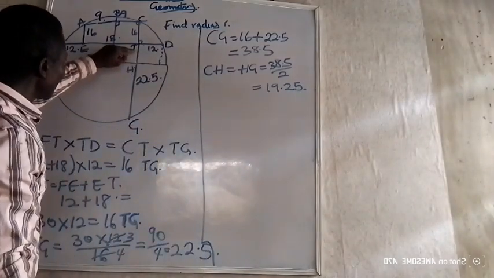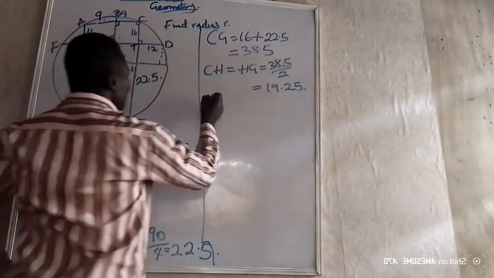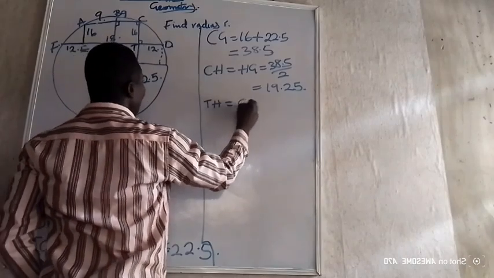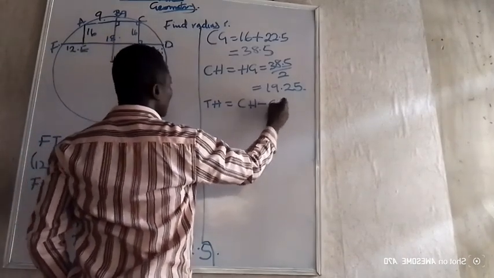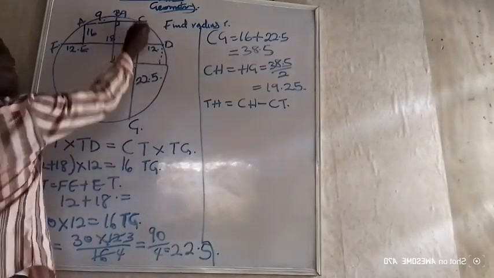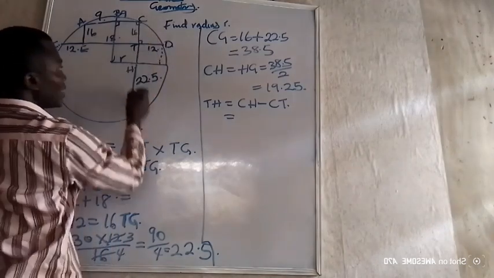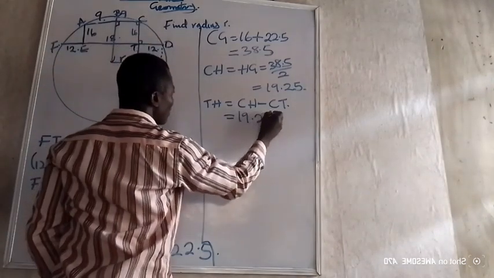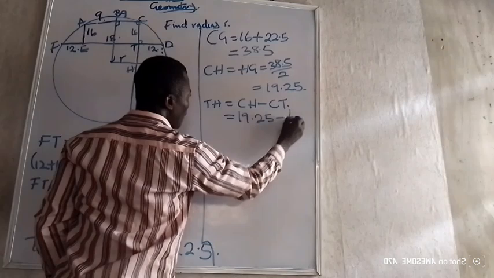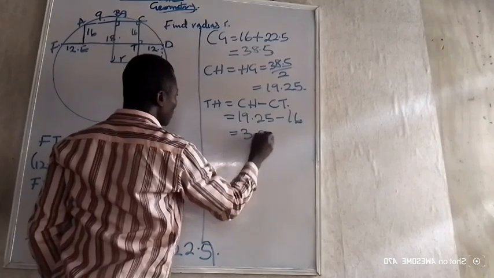Therefore, we can calculate TH. TH is equal to CH minus CT. CH we have calculated as 19.25. CT is 16. So TH is 3.25.